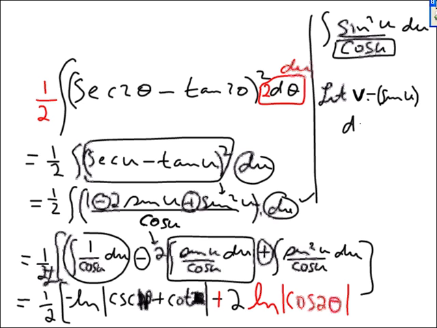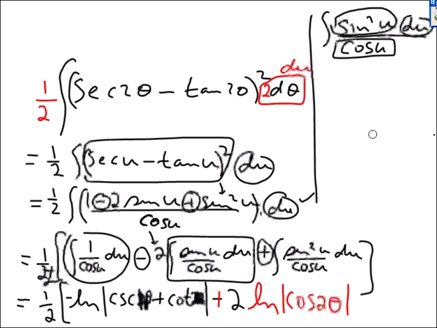Well then, dv would be cosine u du. Well, this piece would be v squared, but what I have left over is du over cosine u. I don't have that. It didn't work. Okay. So then, what do we do?